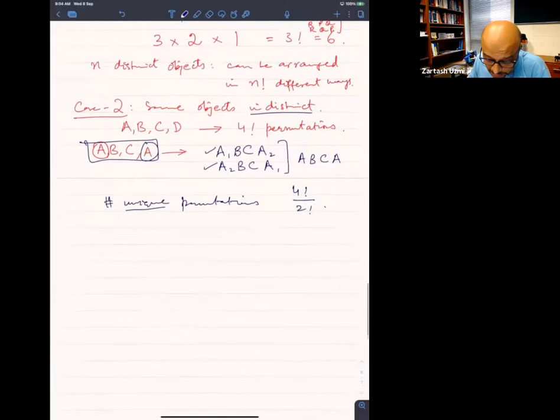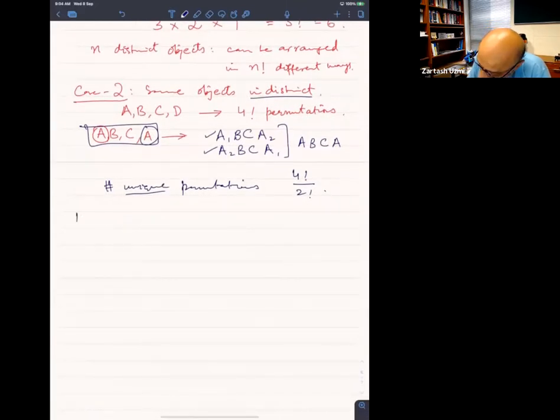I will give a quick example and then we will move forward. So the example is, if you have P, Q, R, P, P. These are 5 letters. How many permutations? Answers in the chat window. So everyone is saying 5 factorial over 3 factorial, and that is the correct answer.